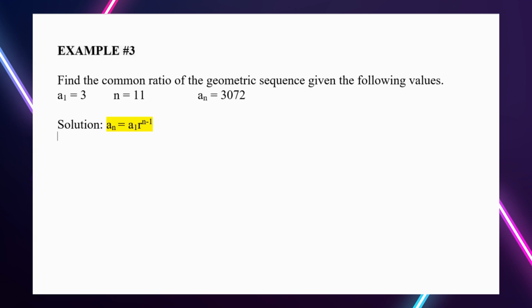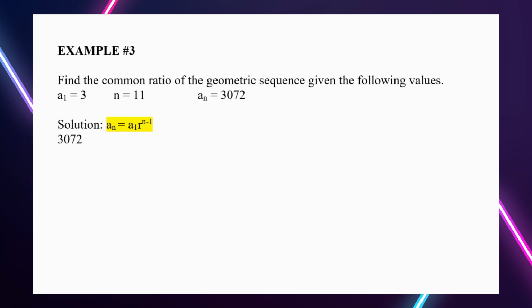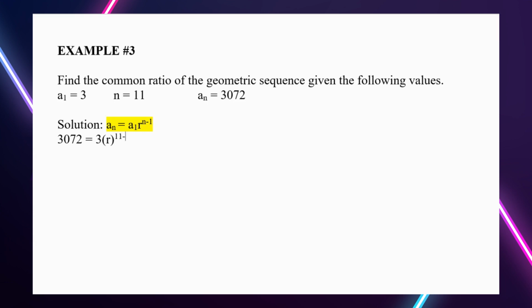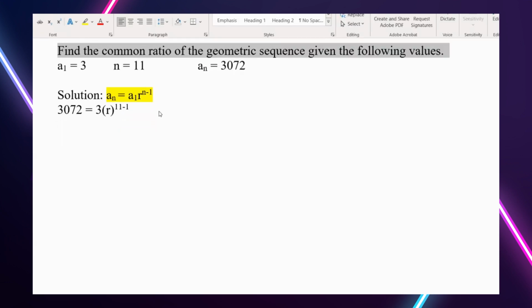So using the formula, let us substitute the values. Ang a sub n natin ay 3072 is equal to the first term which is 3 times the common ratio, at yun yung hinahanap natin, raised to n which is 11 minus 1. Next, simplify.